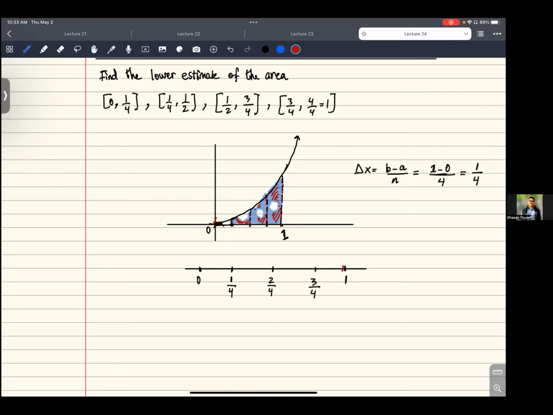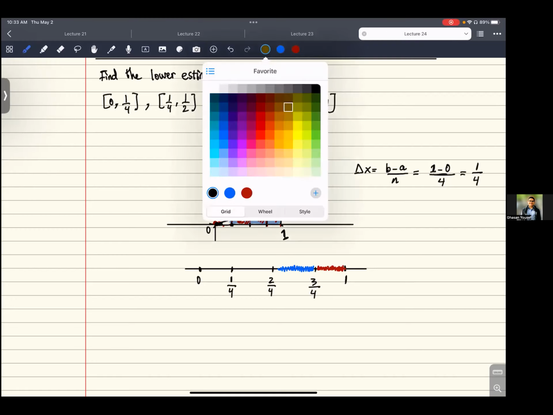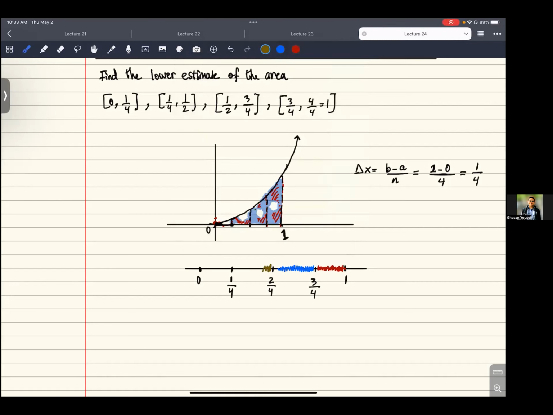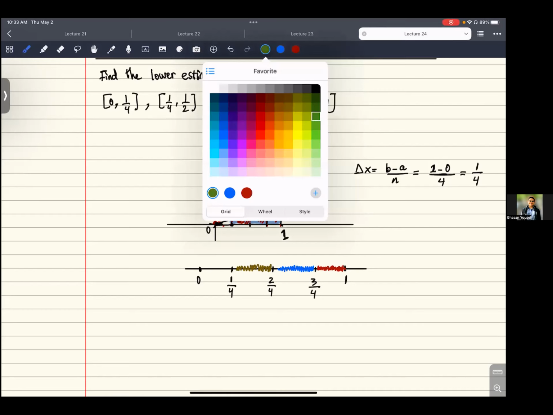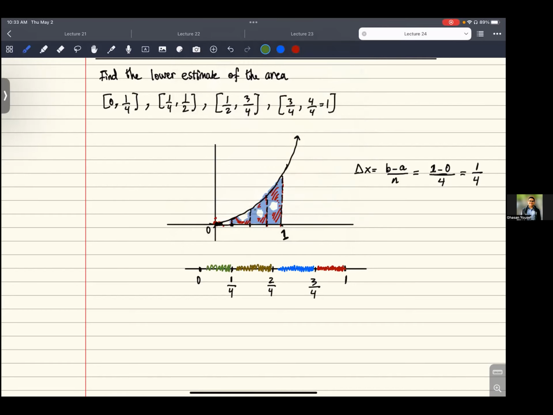Again, this is one of the subintervals. It is another subinterval. Here is another one. And here is another subinterval.